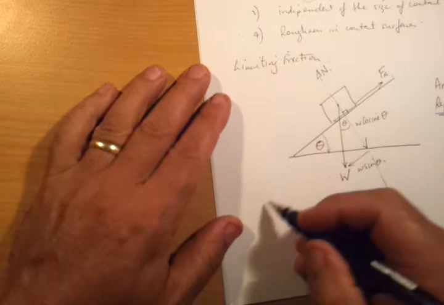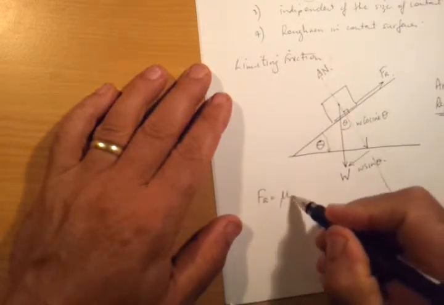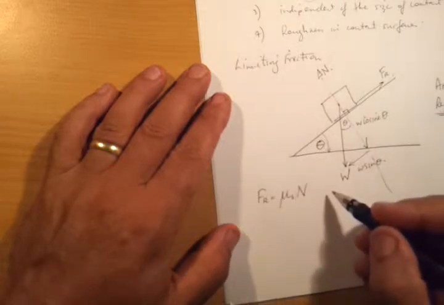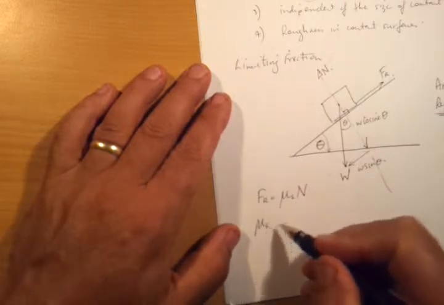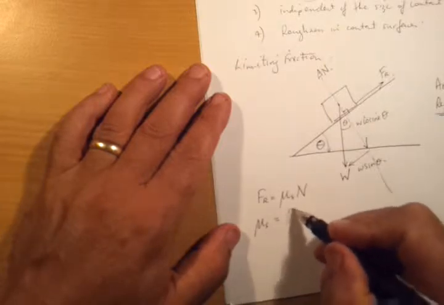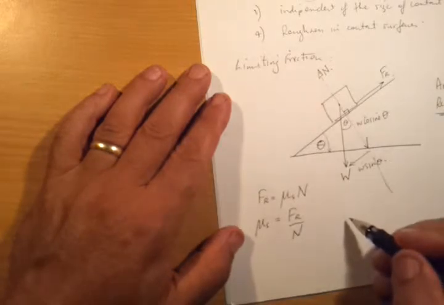If we were to play around with that formula and say Fr equals mu static friction times the normal force, we could say that the coefficient of static friction, mu s, is going to equal Fr on N.